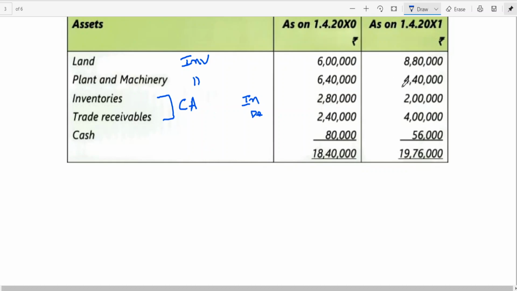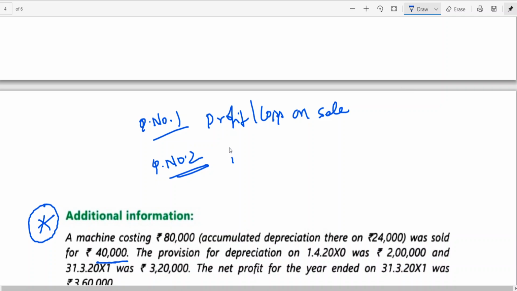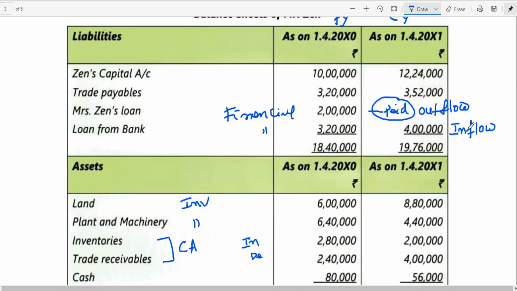Plant in which 640, 440 has been given now, at cost price or book value. You think of it.